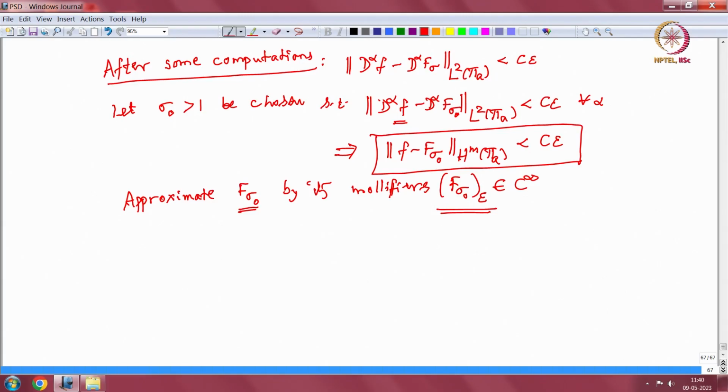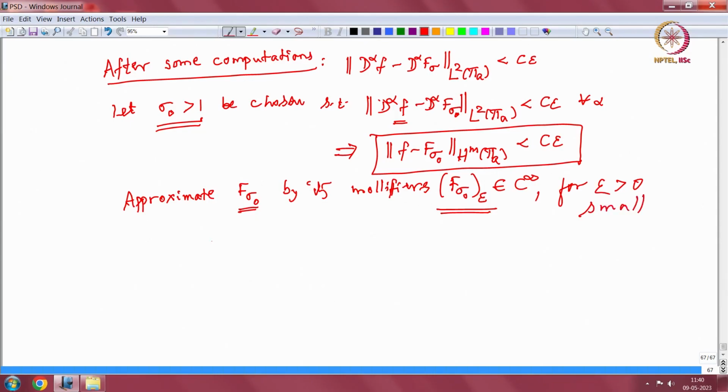So, f_sigma_0 is close to f in H^m(Pi_a). We can find this sigma_0 bigger than 1, and since f_sigma_0 is defined on a slightly larger domain, we can again use its mollifiers. Small mollifiers are C infinity functions, and they are close to f_sigma_0.